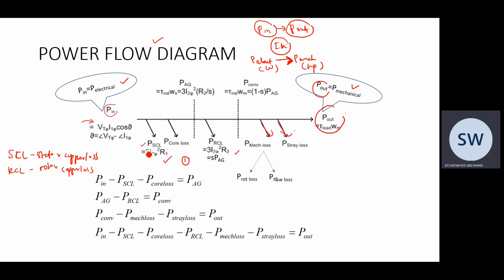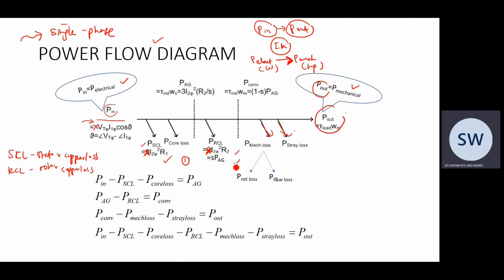Also I forgot to erase this 3. The 3 is not there if you're calculating for single phase. So please delete the first formula, and the 3 in front here, here, and here, because we are only dealing with single phase. My apology.